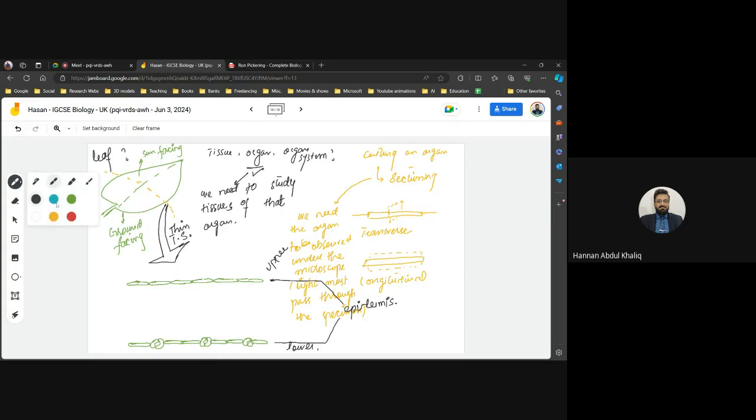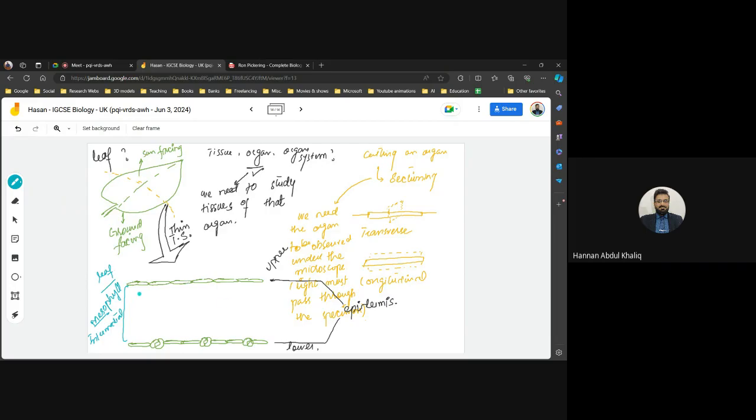Between these two layers, the region is called the mesophyll. Meso means intermediate, and the word phyll means leaf. In the middle of the leaf.